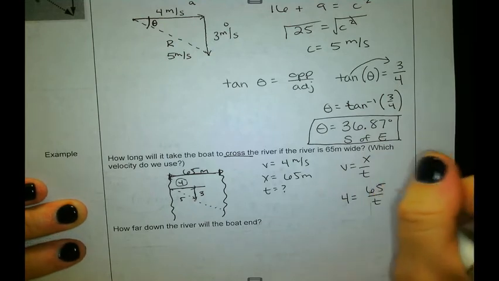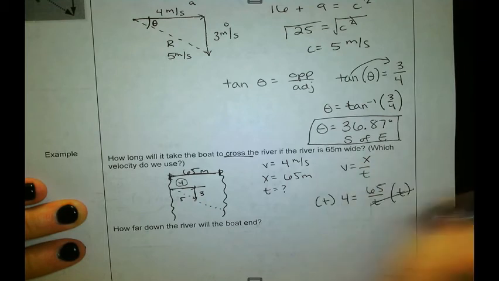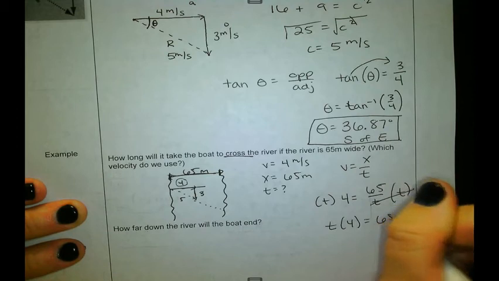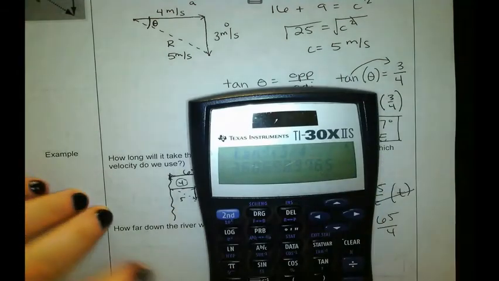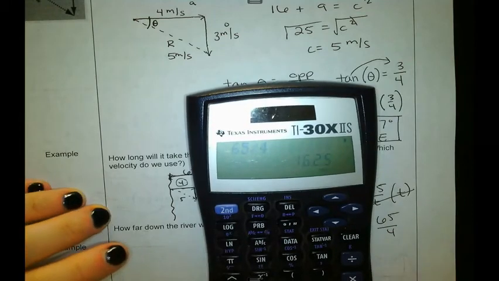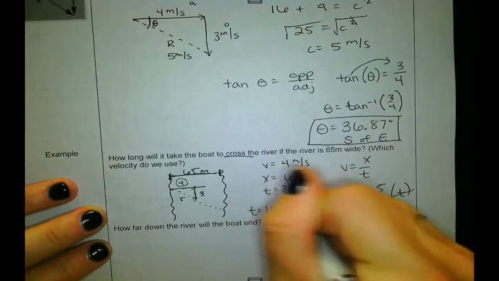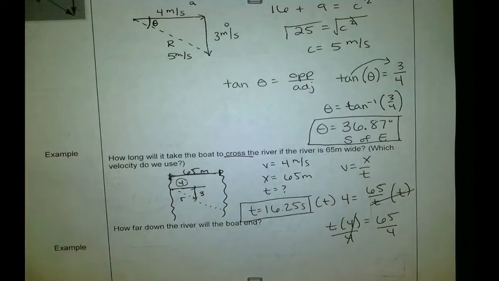Solving for t, times both sides by t. Now it leaves me with t times 4 equals 65. Divide by 4. 16.25 seconds to get across that 65 meter wide river.